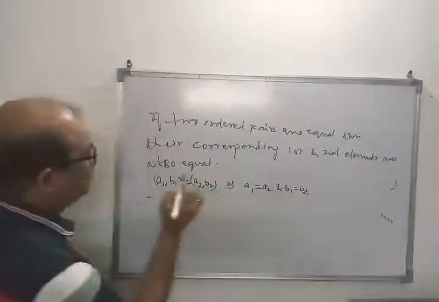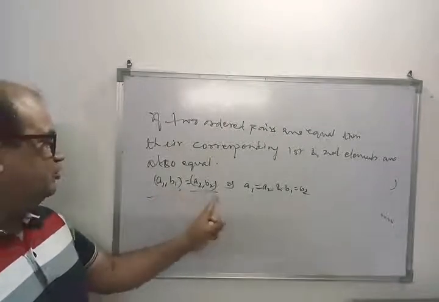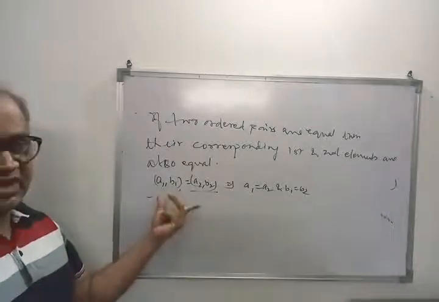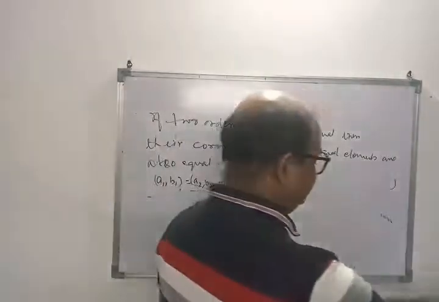So if both of these ordered pairs are equal, then A1 equals A2 and B1 equals B2.